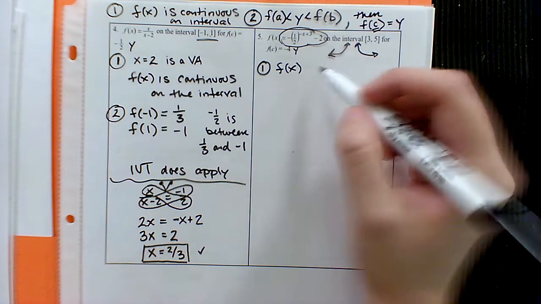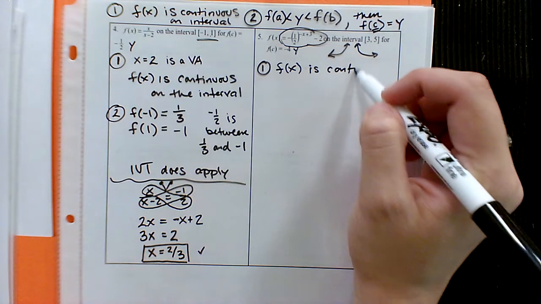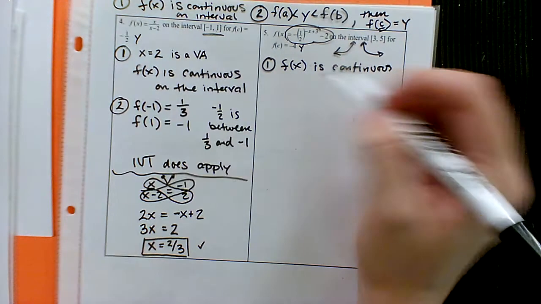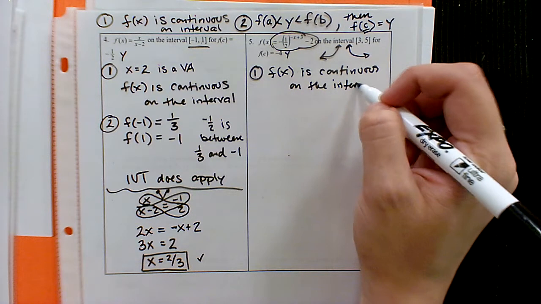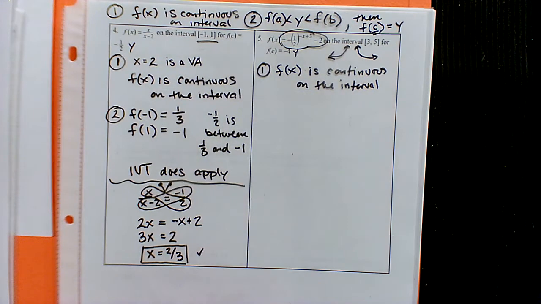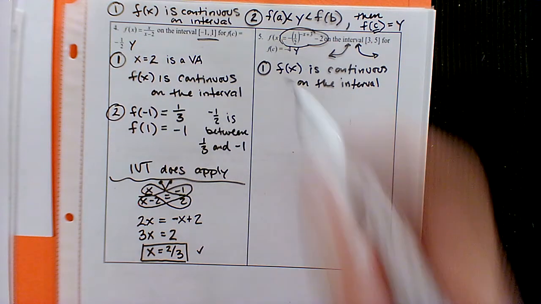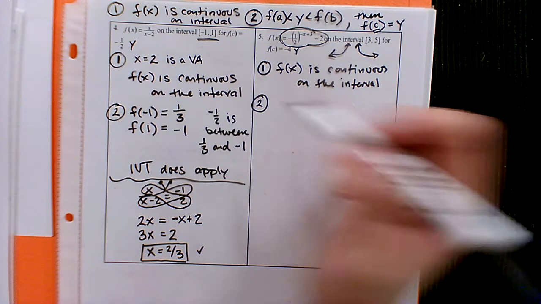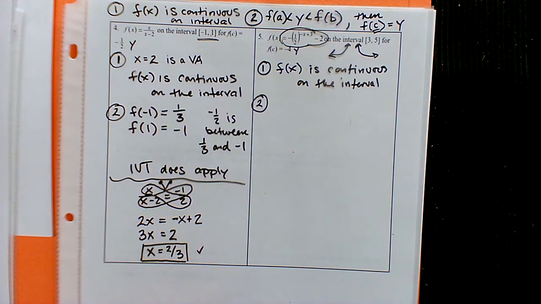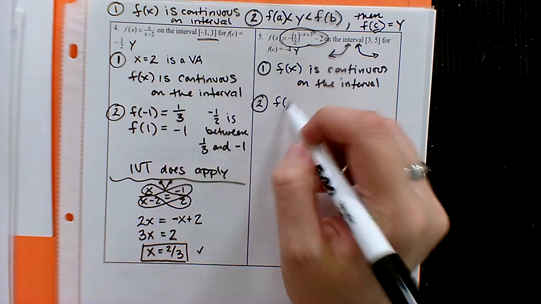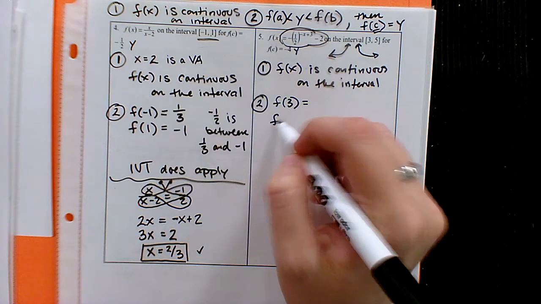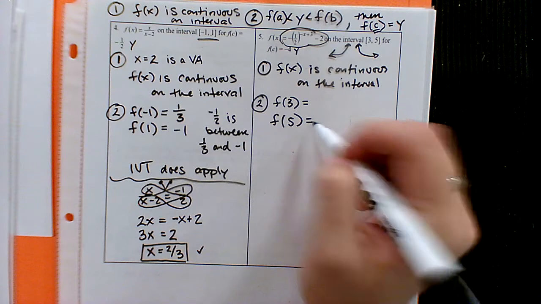So we can say f of x is continuous on the interval, so our first criteria is met. Let's check out the second one. We got to make sure that -4 is in between the y values from the interval endpoints. So let's go ahead and plug in 3, and we'll plug in 5.